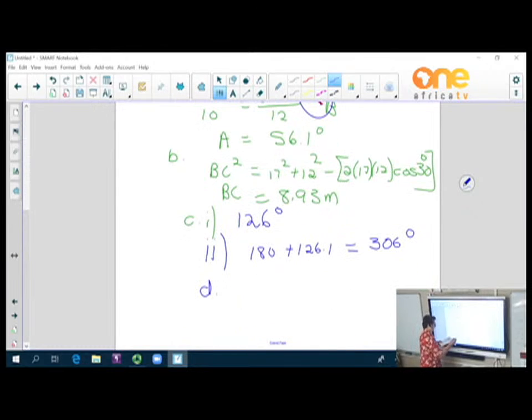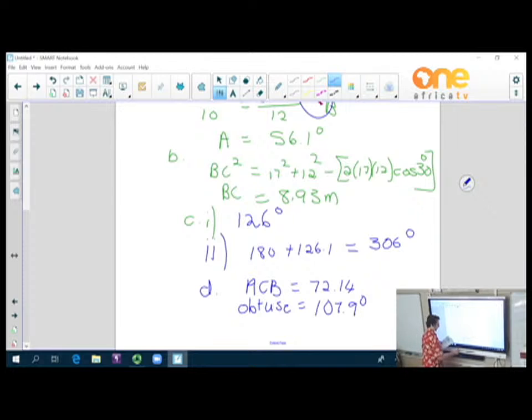So ACB is 72.14 degrees. I calculated in that triangle there. If it is obtuse, it is 180 minus that one, which makes it 107.9 degrees.